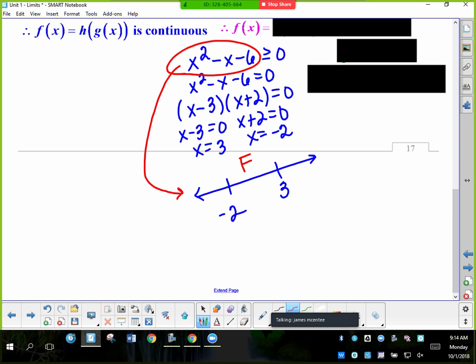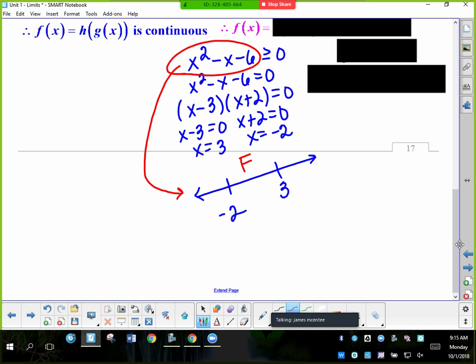Now, go out on the right or left-hand side. Which side do you want to go to? Okay. If you're trying to show that it's greater than 0, pick a test value over on the right. In this right-hand region over here, 4.